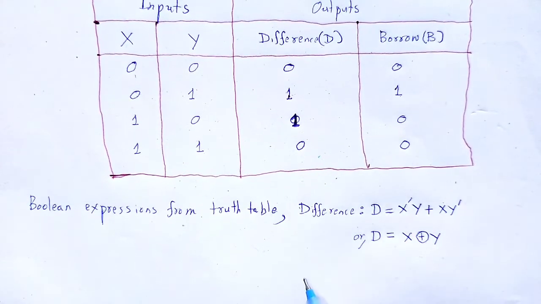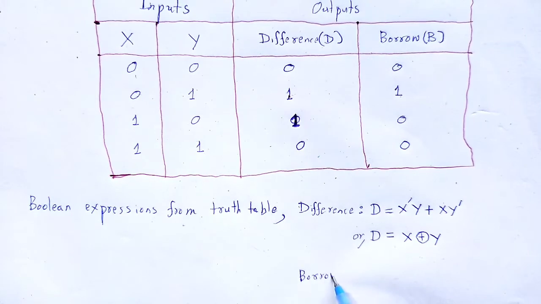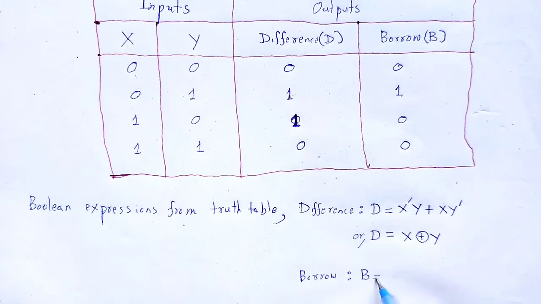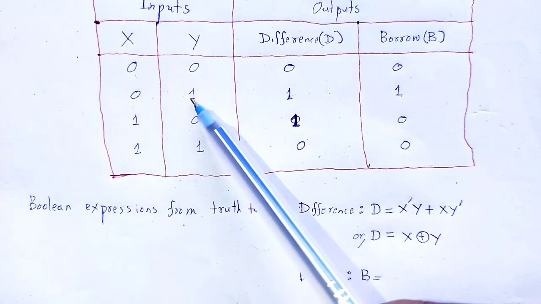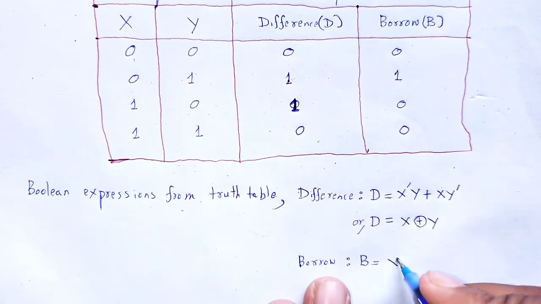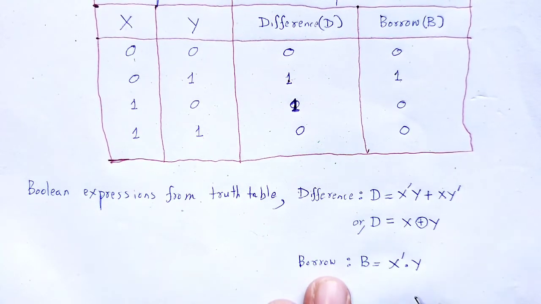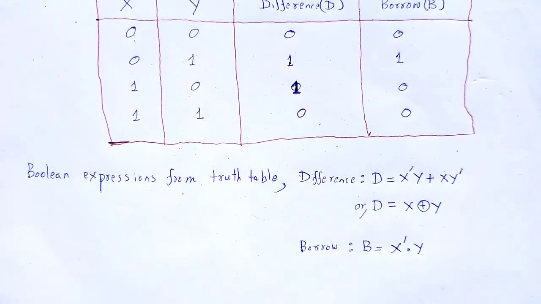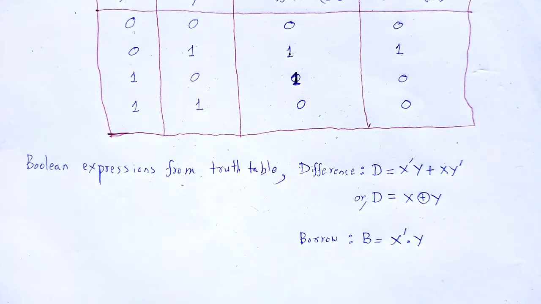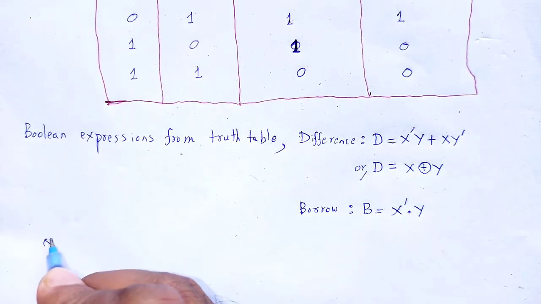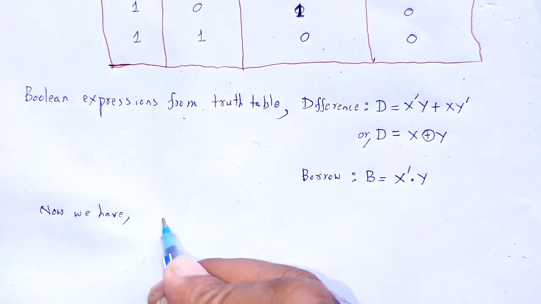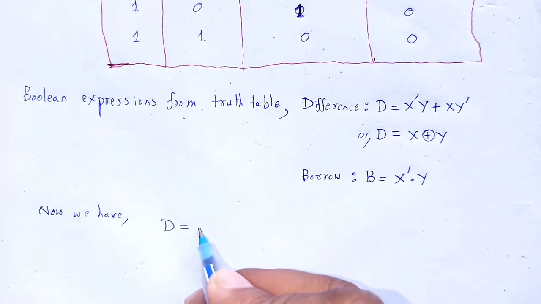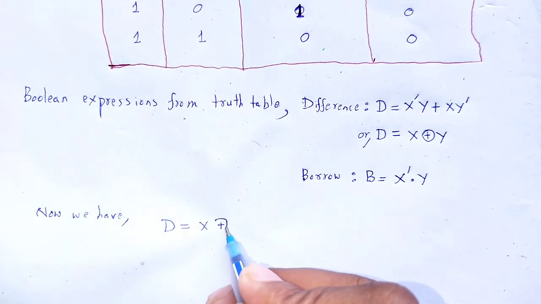Next, for borrow B, from the truth table, the input is 0 1, so x prime y, so B is x prime dot y. Now we have D equal to x XOR y.